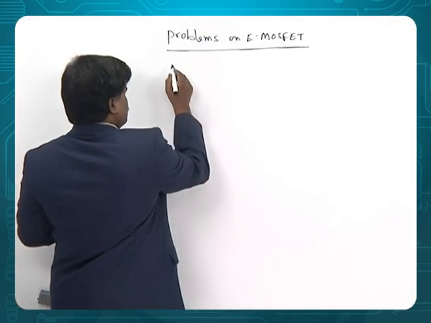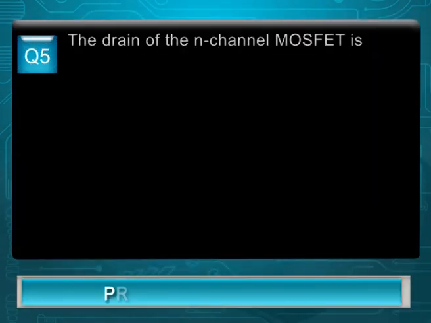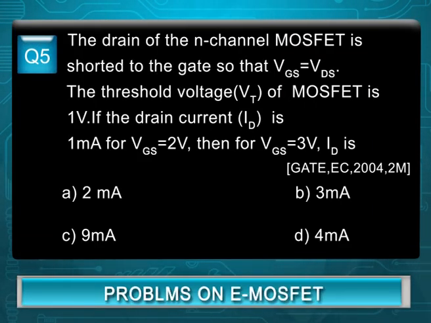Problem 5. Drain of an N-channel MOSFET is shorted to the gate so that VGS is equal to VDS. The threshold voltage VT of a MOSFET is 1 volt. If the drain current is 1 milli for VGS 2 volts, then what is the ID for VGS 3?